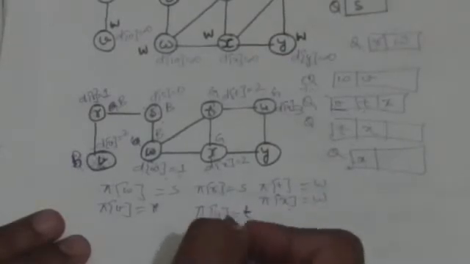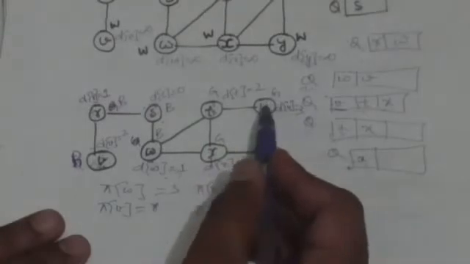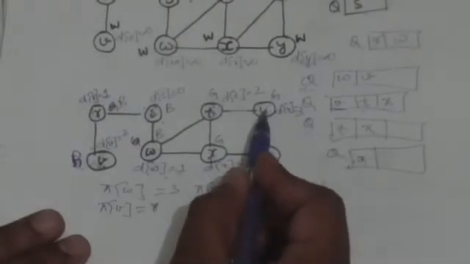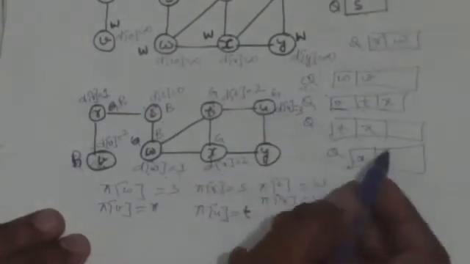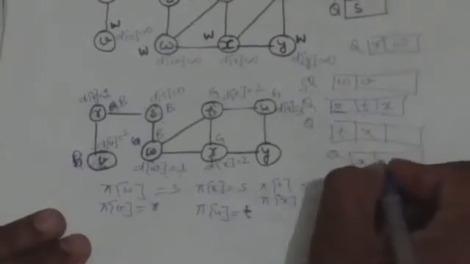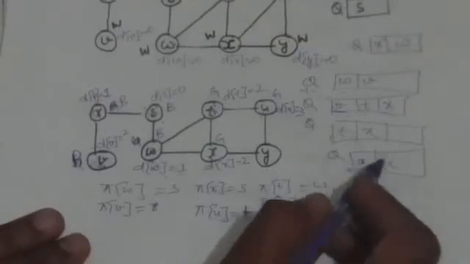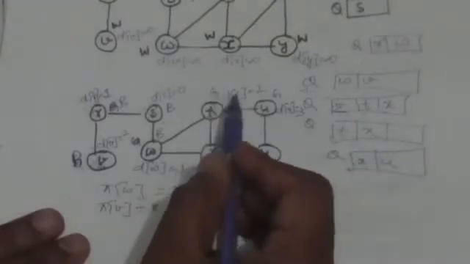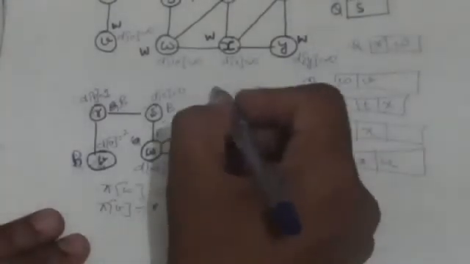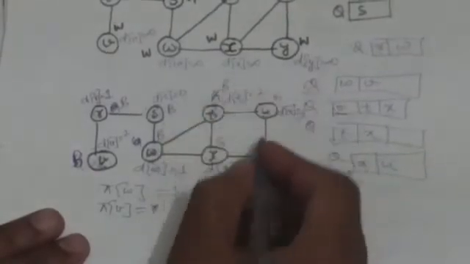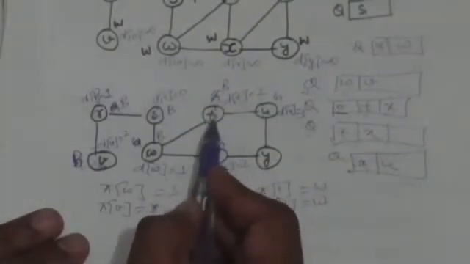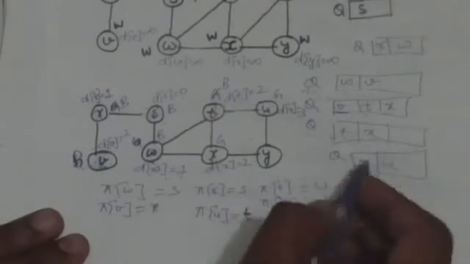Now we will enqueue this vertex u in q, right? And after this we will change the color of vertex t from gray to black, right? So this vertex t has been processed.